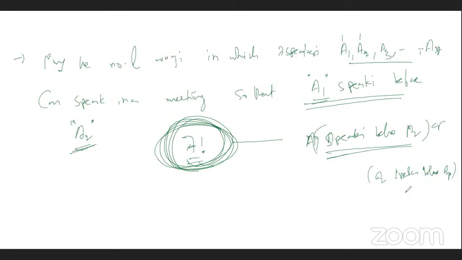These two are clearly equal, but I need the answer for how many ways A1 speaks before A2. Or total number of cases minus this case. Why are you getting minus? No need of writing minus. These are the total number of cases, and in this, A1 speaks before A2 and A2 speaks before A1, and we observe the number of cases of A1 speaks before A2 is the same as the number of cases of A2 speaks before A1. I need the number of cases of A1 speaks before A2.